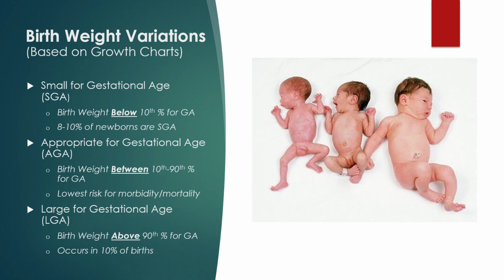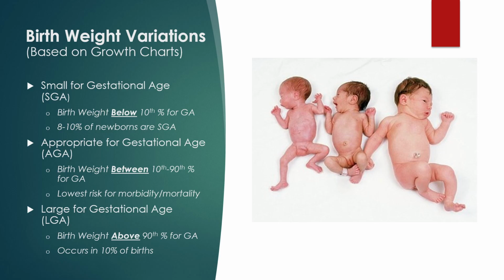This is the goal range because these babies have the lowest risk for morbidity and mortality. And then finally, our last category is LGA, or large for gestational age. And these babies are born above 90th percentile for the gestational age that they are born. So you can see this picture on here, a small baby, an average baby, and a very large baby.